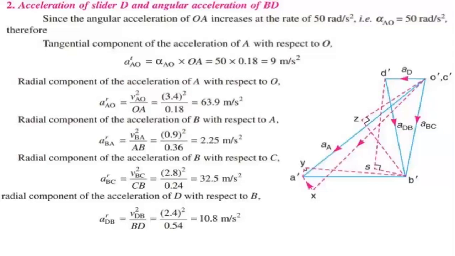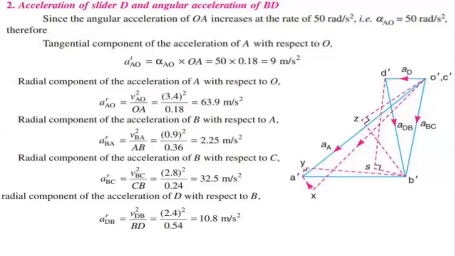First we take the radial component of the acceleration of A with respect to O, that is r of AO. It is taken as velocity square of AO divided by OA. The values have been substituted in this formula, so it is obtained as 63.9 meters per second square.